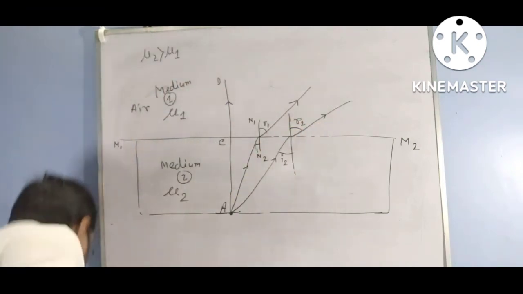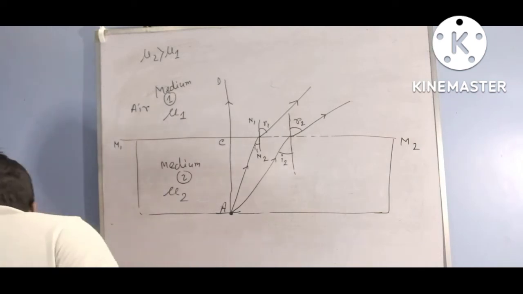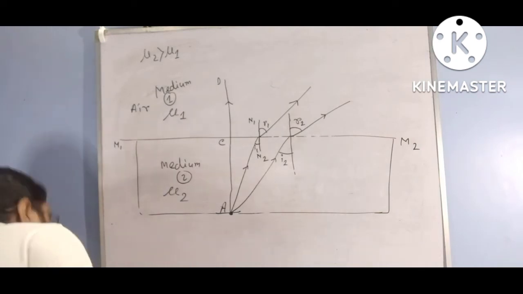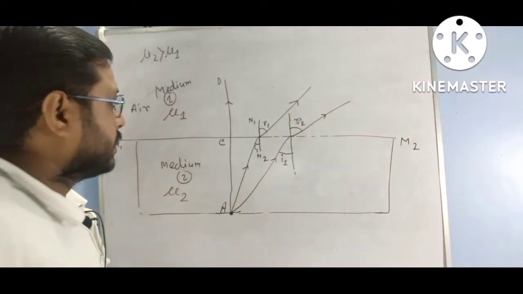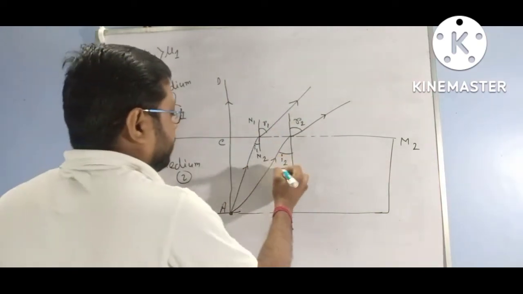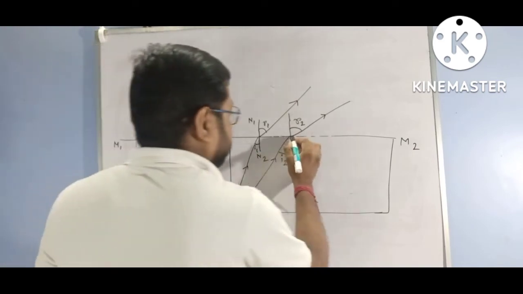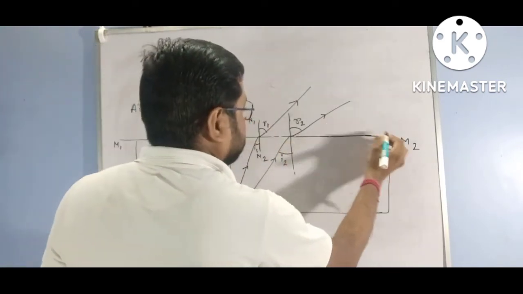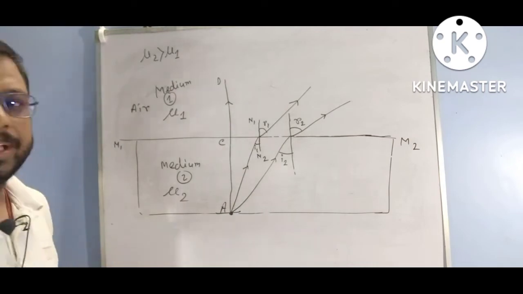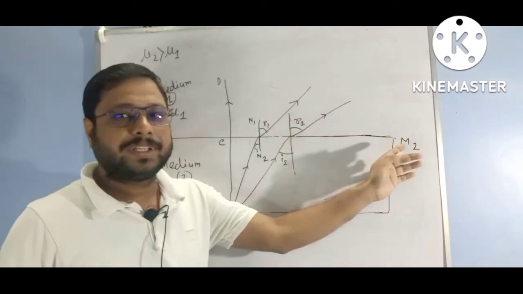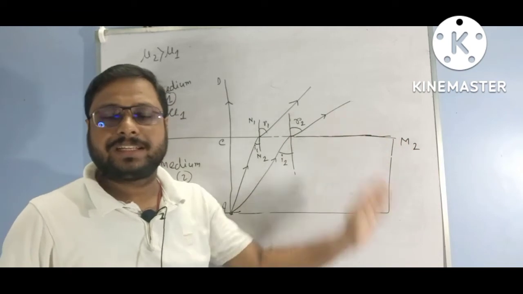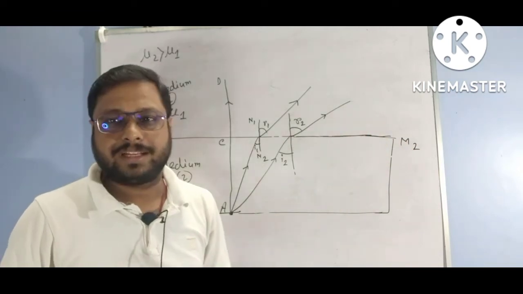Now, when the angle of incidence is a certain angle for which the refracted ray goes along the surface, that is, the angle of refraction is 90 degrees, it is called the critical angle.